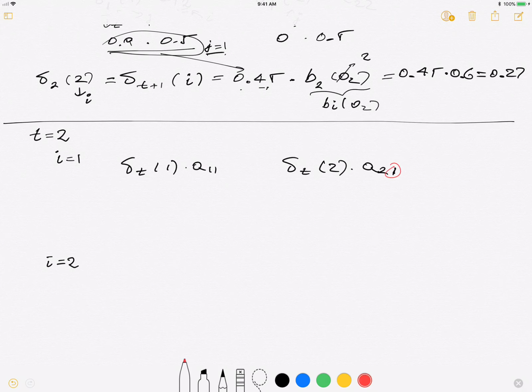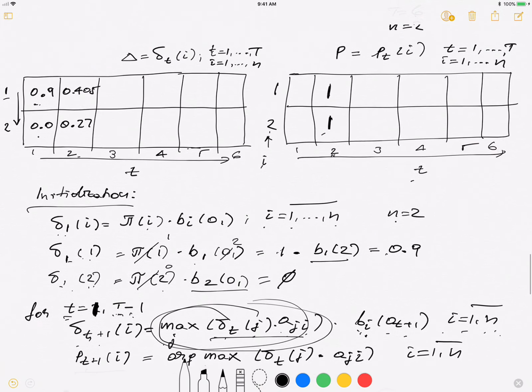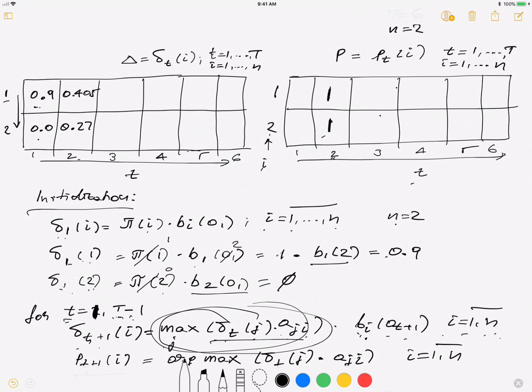Observe, this index corresponds to I. Observe, this index varies and corresponds to j, and this is my t. Similarly, for I equal 2, I need to compare delta t1 times a1 2 and delta t2 times a2 2. And then the index of the larger product will be essentially my p, which needs to go into this table.